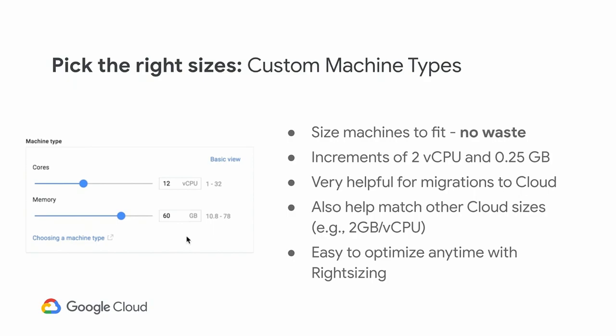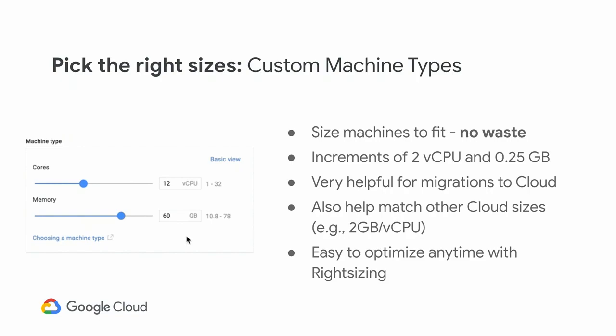So the first thing we would say to Example Inc. is pick the right instance size for your workload. And Compute Engine offers a great deal of flexibility here with something that we call custom machine shapes. A lot of other cloud providers require you to choose between a fixed list of predefined machine shapes.